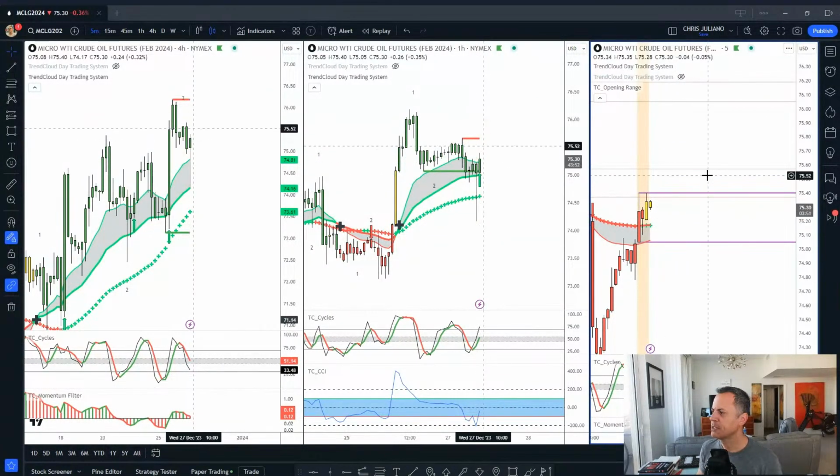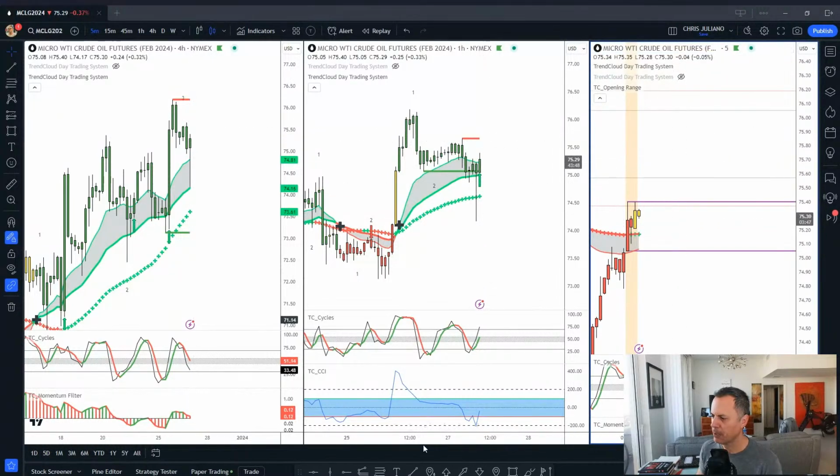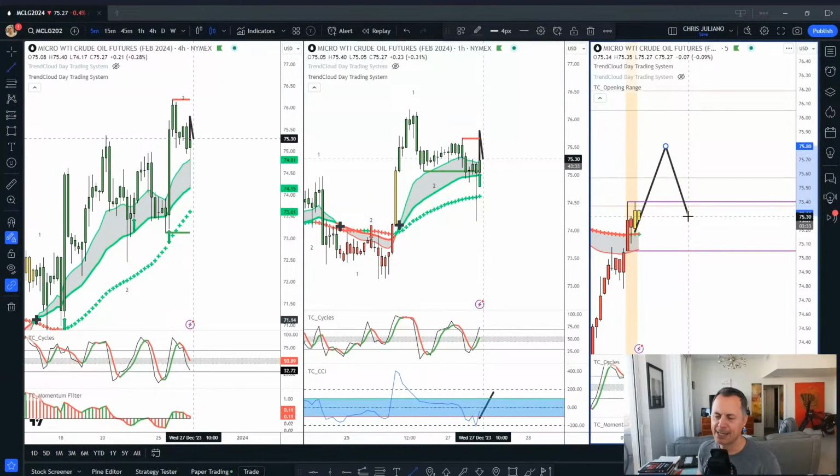So, not doing anything. If we get a breakout to the upside here on crude oil, and CCI breaks above positive 100 here, then we can take the retest of this opening range.